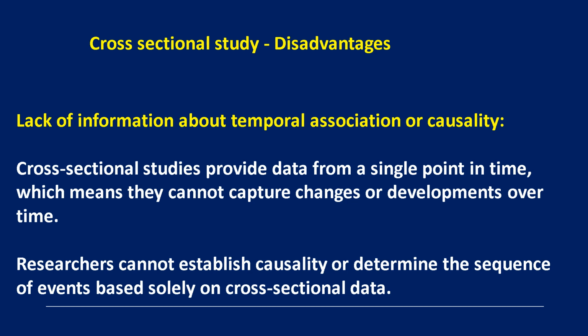Cross-sectional studies provide data from a single point in time, which means that they cannot capture changes or developments over time. So, researchers cannot establish causality or determine the sequence of events based solely on cross-sectional data.